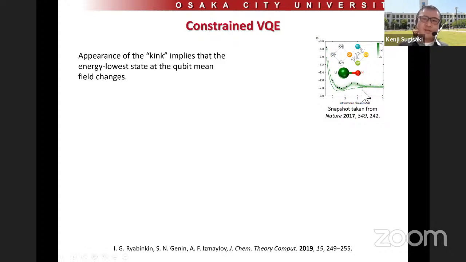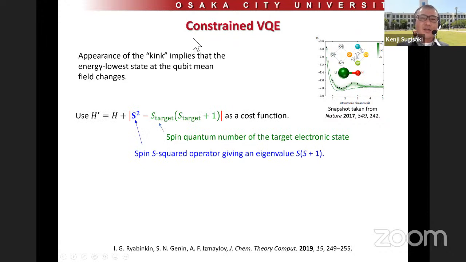So in order to avoid such a kink, a constrained VQE was reported. In the constrained VQE, we use the shifted Hamiltonian, which consists of the original Hamiltonian and the penalty term.